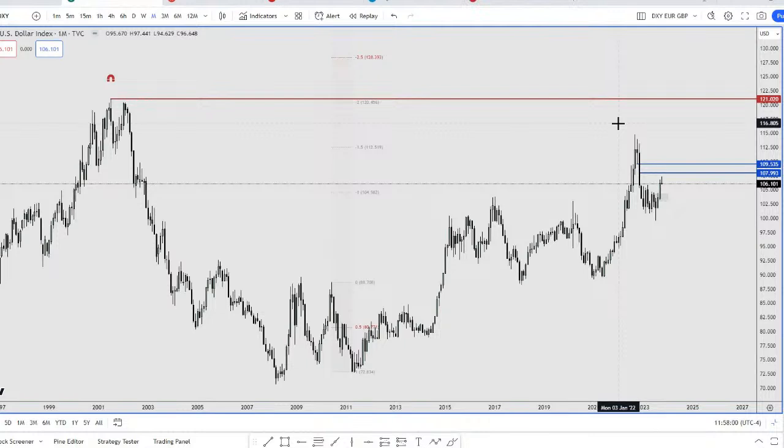So what will invalidate this idea, okay, is if price closes below this BC here. Then maybe I would entertain the idea that it's going to come down to these equal lows. Okay, but so far it hasn't shown a willingness to close below this BC.